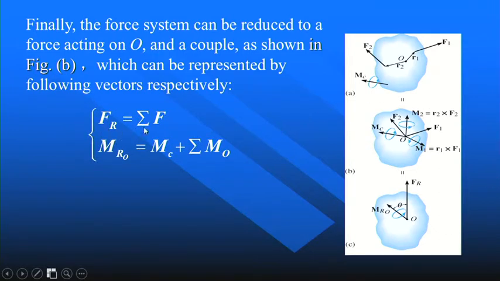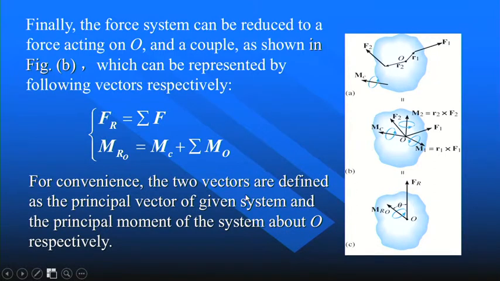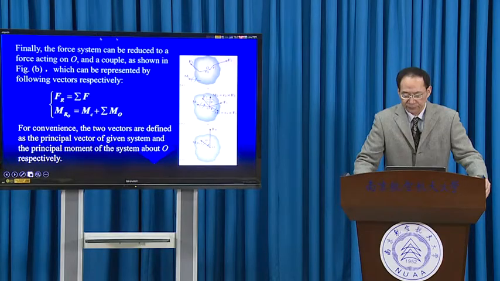Fr equals sigma F, MRO equals MC plus sigma MO. For convenience, the two vectors are defined as the principal vector of the given system and the principal moment of the system about O, respectively.